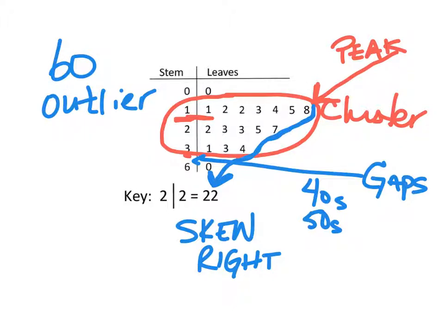Now, there is a way to find out whether or not 60 is an outlier for fact rather than us guessing. To find an outlier, we look for the IQR. We said earlier the IQR for this graph was 16.5.